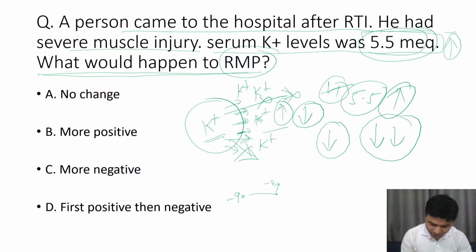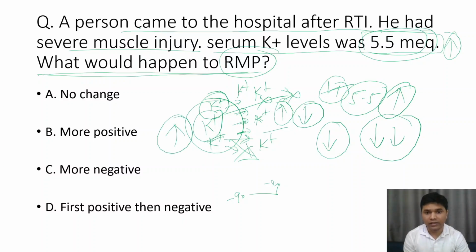In that condition the potassium level inside the cell will increase, and that will bring positivity. Minus 90 is there, and the positive charge of potassium is not leaking out.